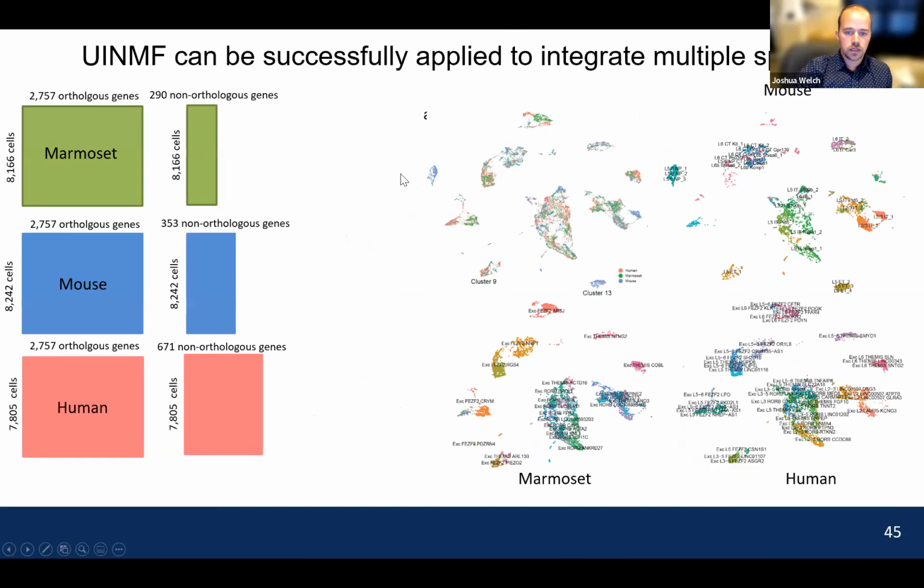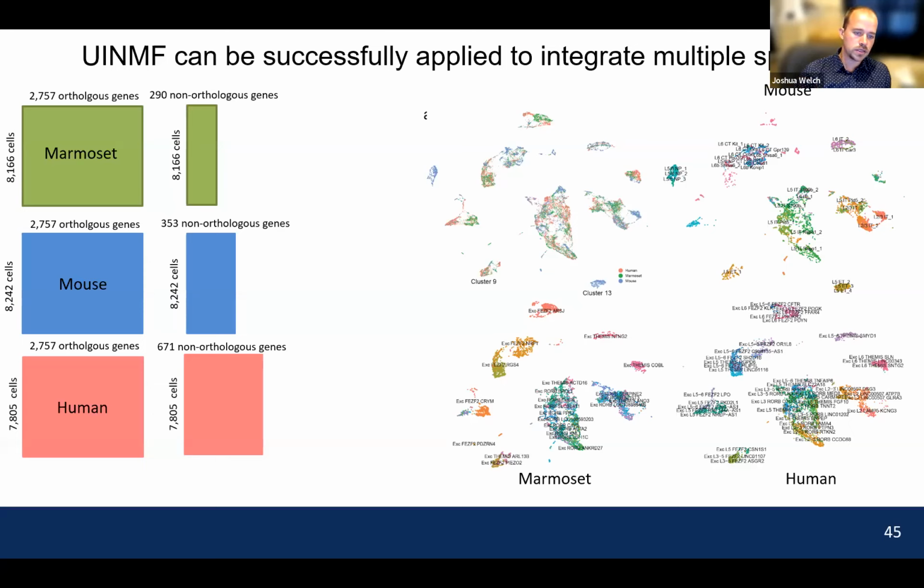We also showed that you can do this with more than 2 species. And so to do that, we reanalyzed the human, mouse, marmoset motor cortex data that I mentioned just a moment ago. And we incorporated several non-orthologous genes, several hundred, from each species. So we used 2,700 orthologous genes as the shared features, and then we added several hundred non-orthologous genes as the unshared features.